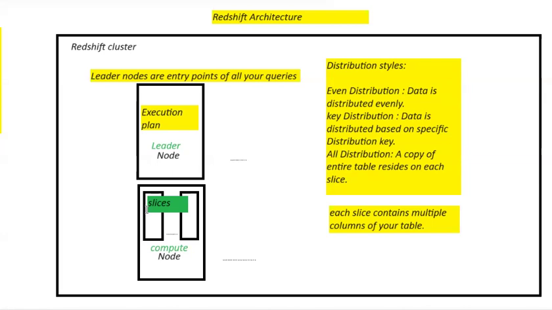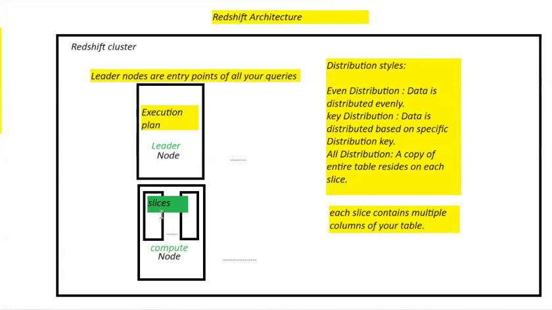Here, your slices are executing the breakdown tasks provided by the leader node in parallel. So that's why we call this process massive parallel processing. What do we call this process? Massive parallel processing. So in this way, massive parallel processing happens on your Redshift cluster. Whatever task is given to the leader node, this leader node will break the task into multiple tasks, then distribute them equally among the nodes.